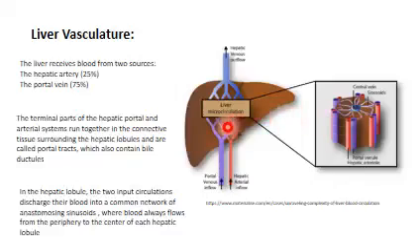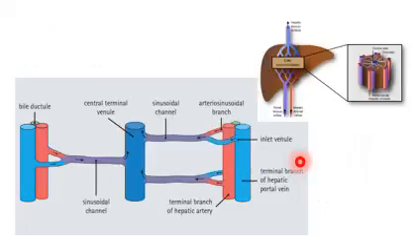So we have a branch from the hepatic artery that fuses with a branch of the portal vein, forming the hepatic sinusoid. This is a better image here that illustrates the vasculature of the liver. We have the portal tract here, a branch of the portal vein, a branch of the hepatic artery, and a bile duct.